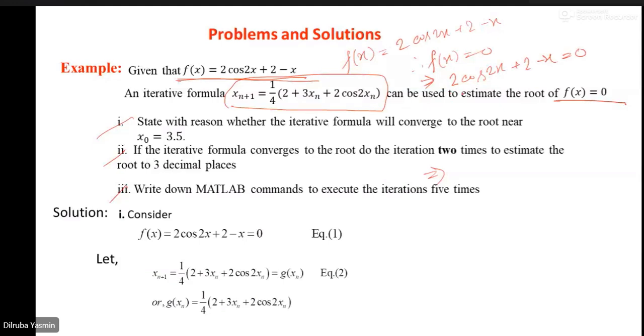So how do we get it? Suppose you can rewrite this equation in this format, then just shift this term to the left hand side. If you would like to keep only the x term on the left hand side, what do you get?